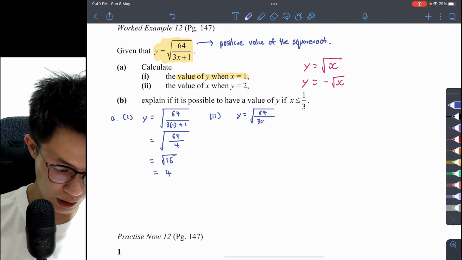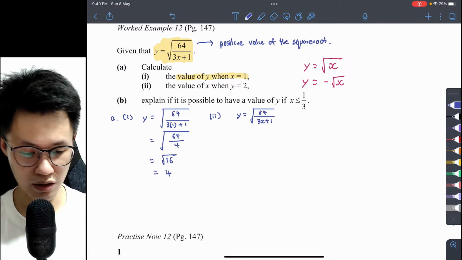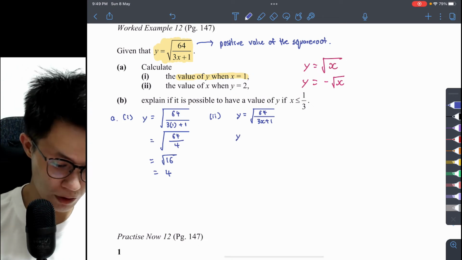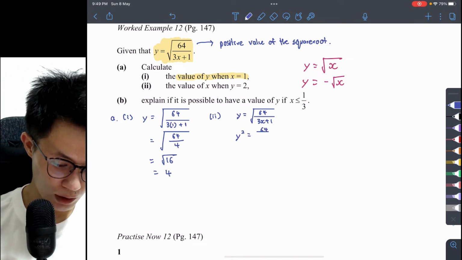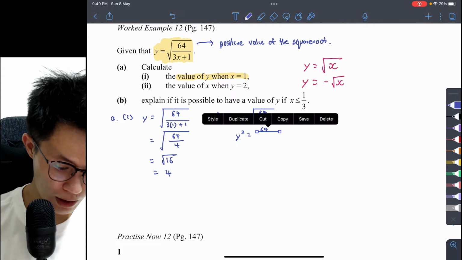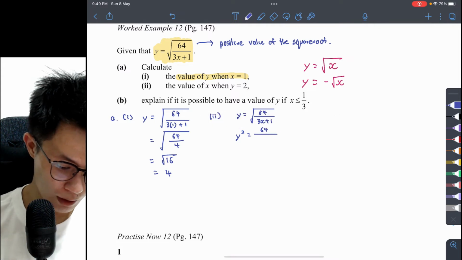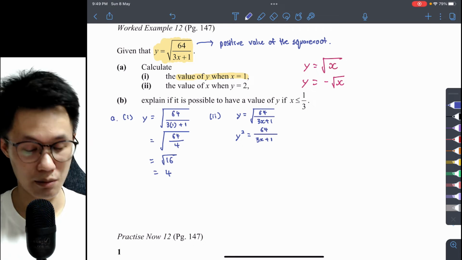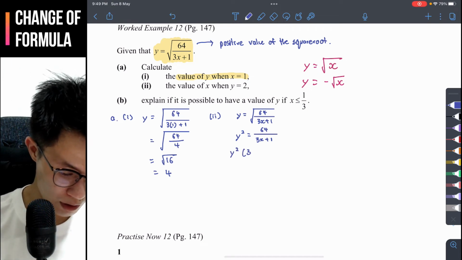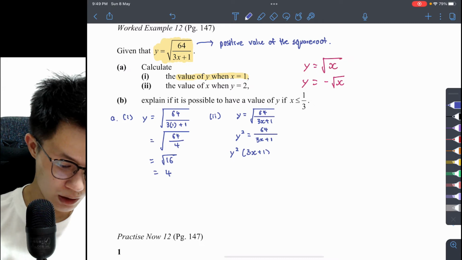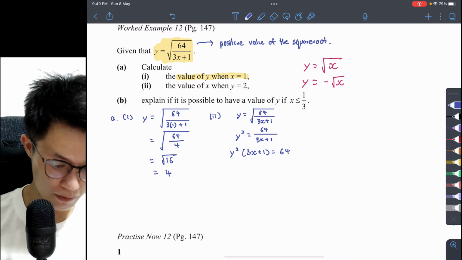Okay, and what I'm going to do here is, because there's a square root, I'll remove the square root by squaring both sides, and this will be 64 divided by 3x plus 1. How to make x the subject? Simply, so we have y squared times 3x plus 1 equals 64.